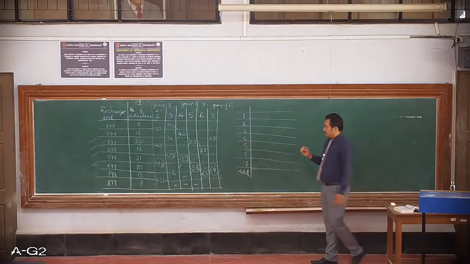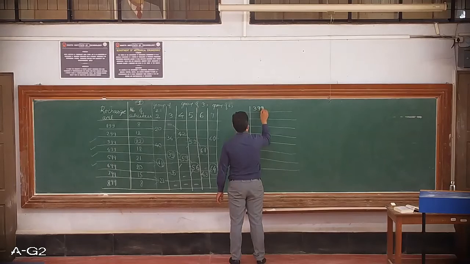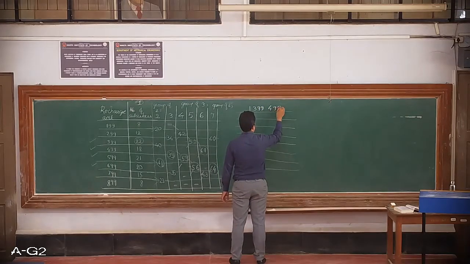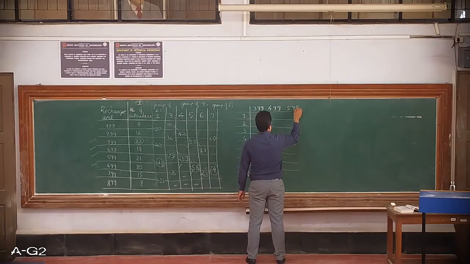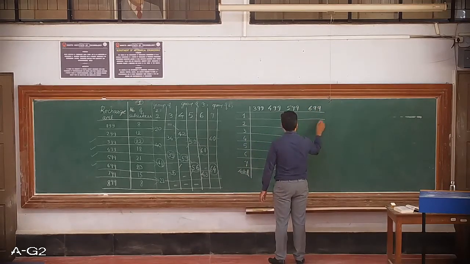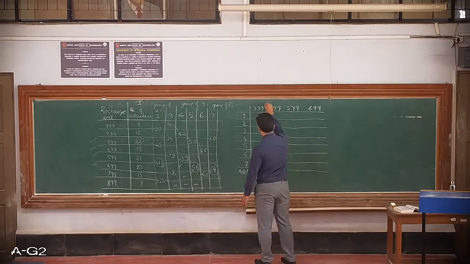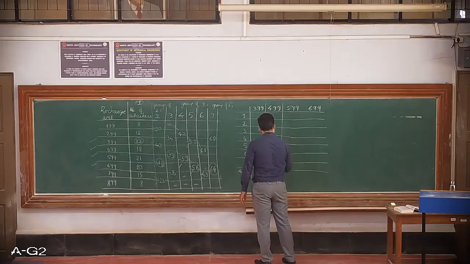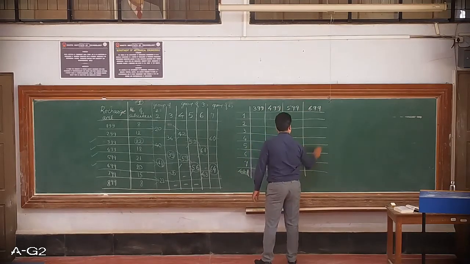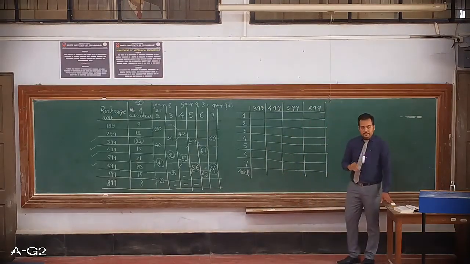So 399, then 499, 599 and 699. So this would become my columns now. Alright, so this is how I have formed the table.